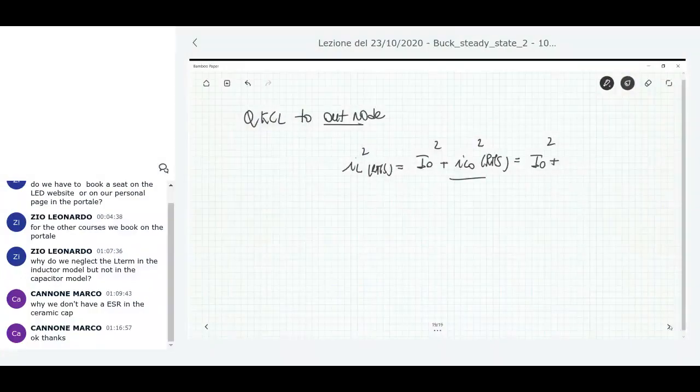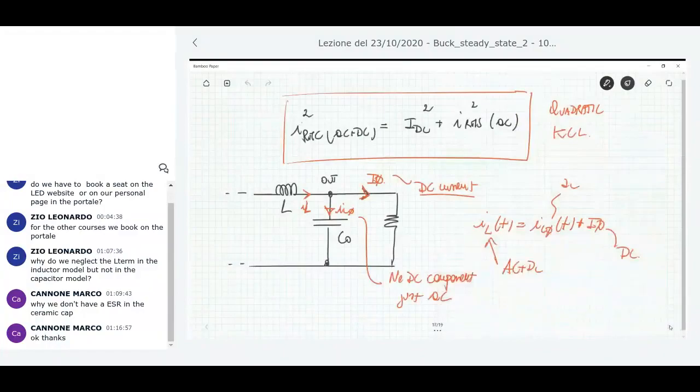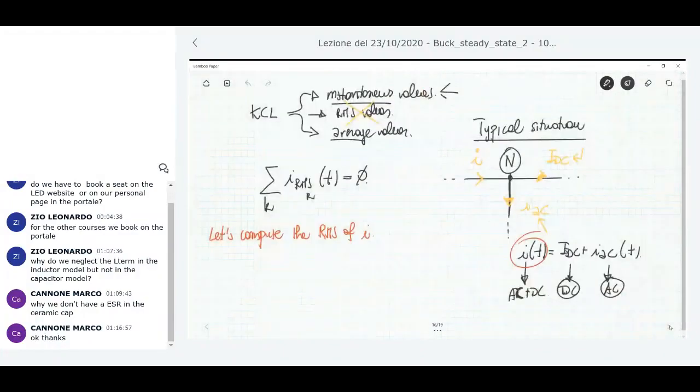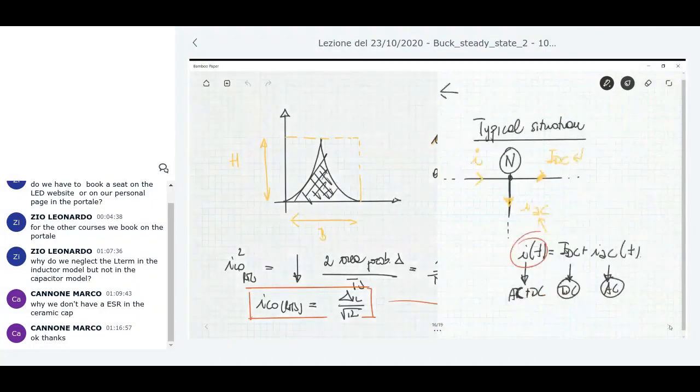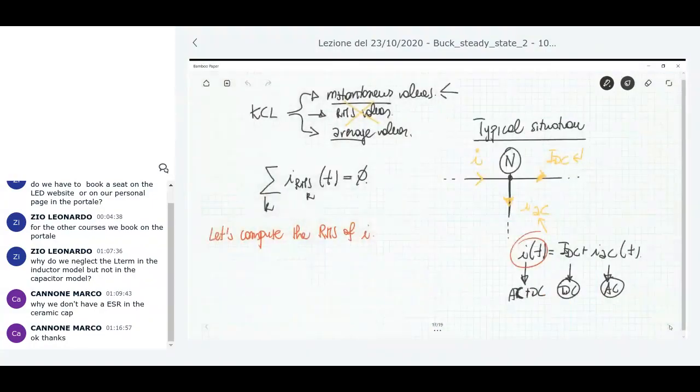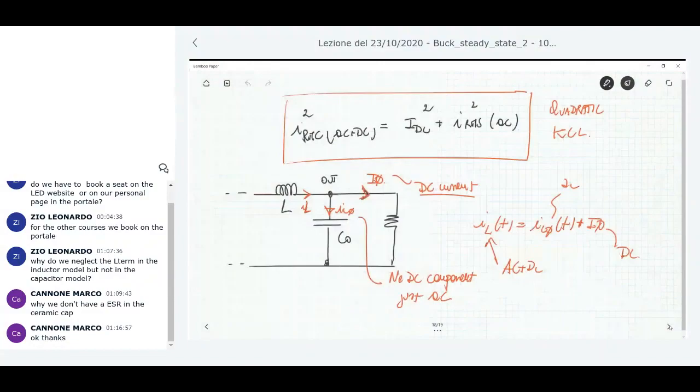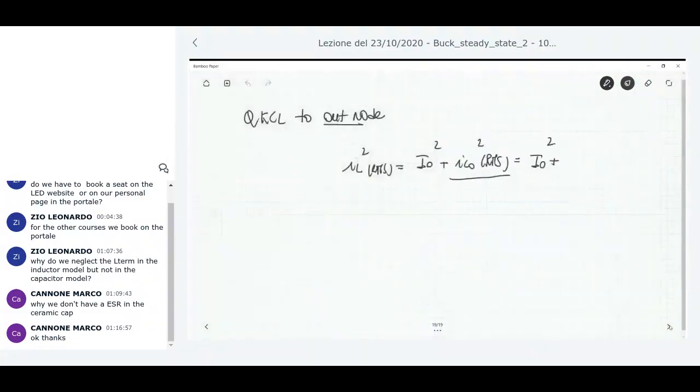The root mean square value of the IC naught current we computed a few pages before: delta IL divided by square root of 12. So it is delta IL square divided by 12. This is the expression for the root mean square value of the inductor current. Okay.